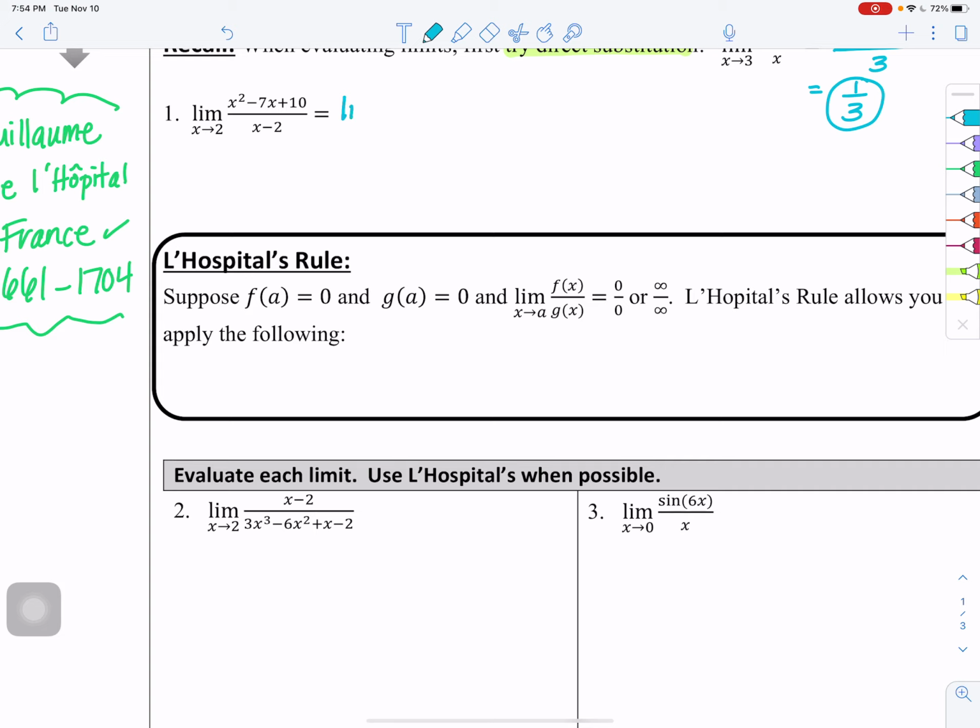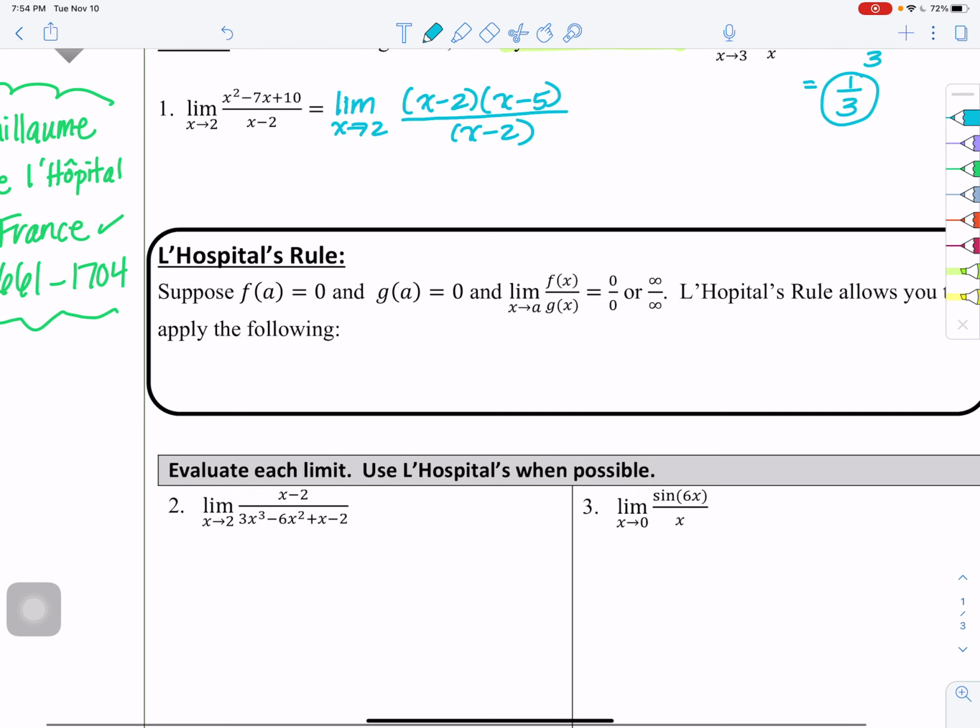In the past, we would factor this as x minus 2, x minus 5, all over x minus 2. Those would cancel out, and we would plug the 2 in, and we'd get 2 minus 5, and we'd get a negative 3.